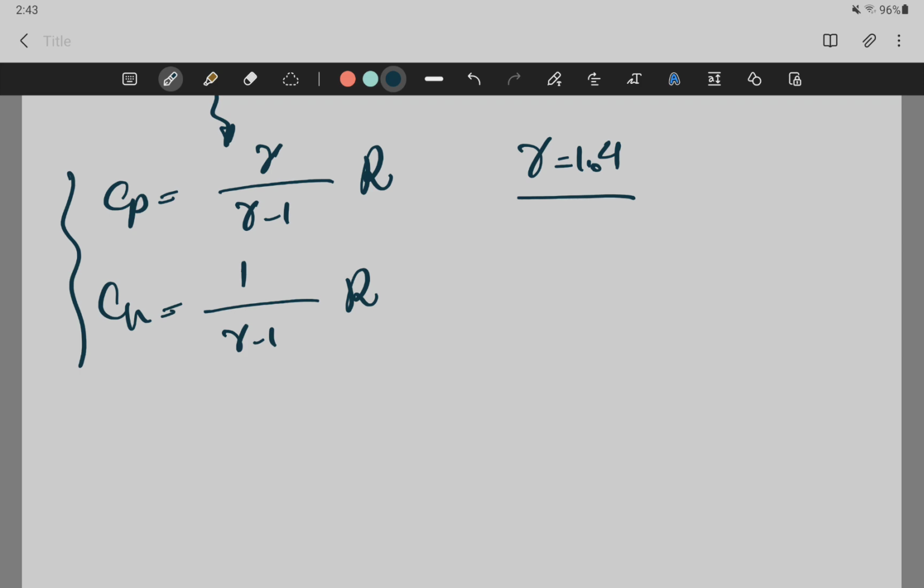It has 2 atoms, whatever. Is there any way for us to calculate the ratio of specific heats? Does anybody remember? I mean, we went over this in high school chemistry. I don't know if you guys go over this in your chemistry in high school.